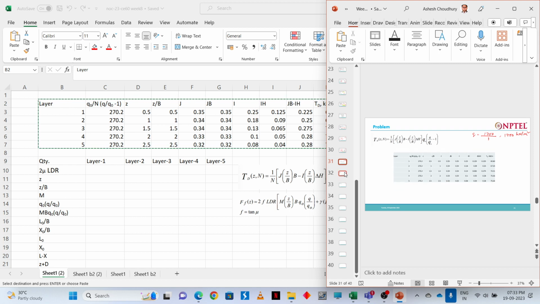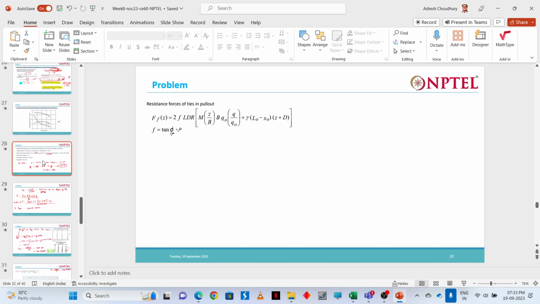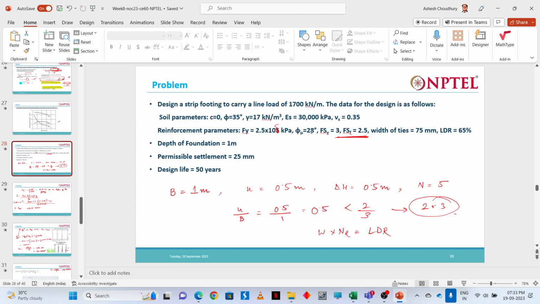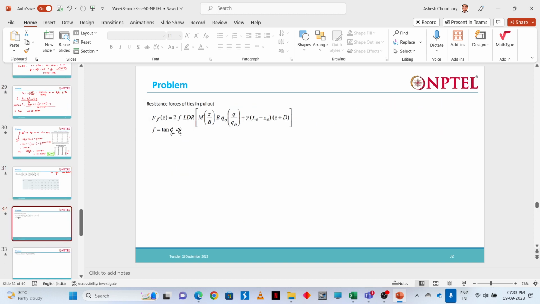Now you can see here F is tan of phi mu, equal to mu. What is phi mu? Phi mu is given as 28 degrees. So tan 28 degrees will be mu.